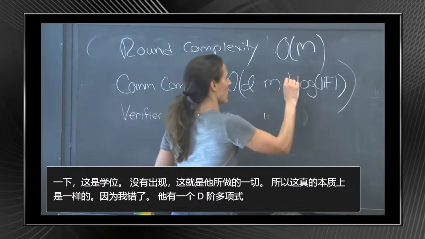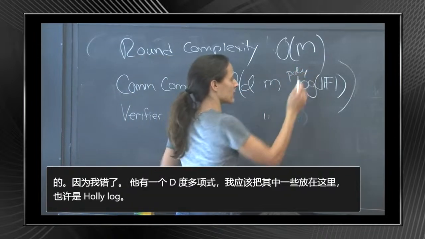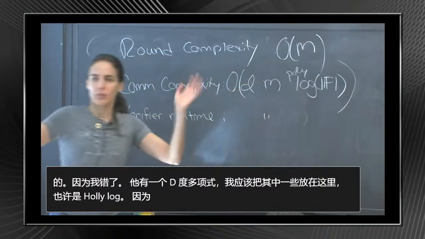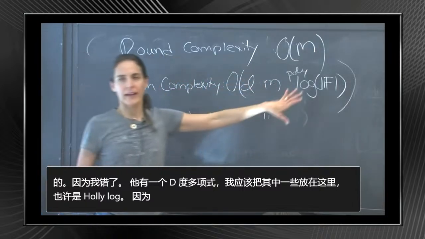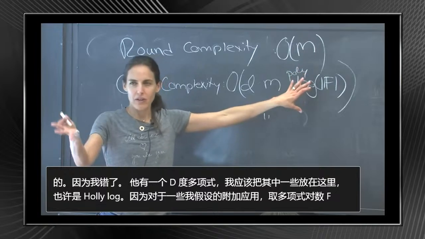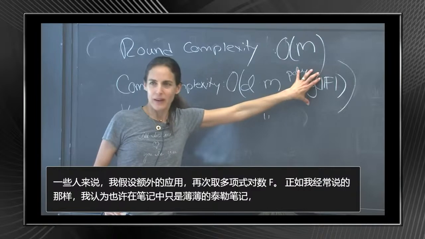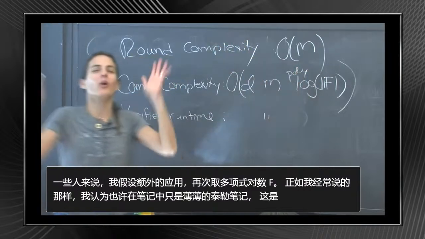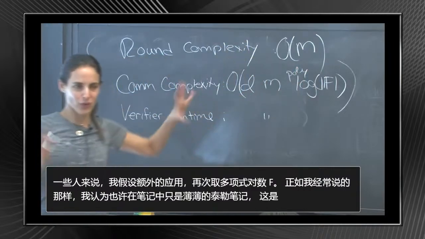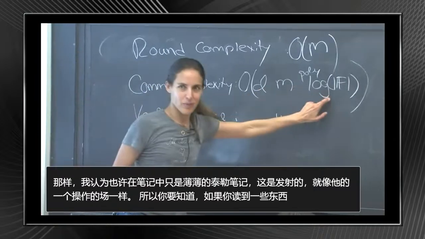I should put polylog here, because I'm assuming addition and multiplication take polylog F. Often, even in the notes, this is omitted. You think of the field as one operation.